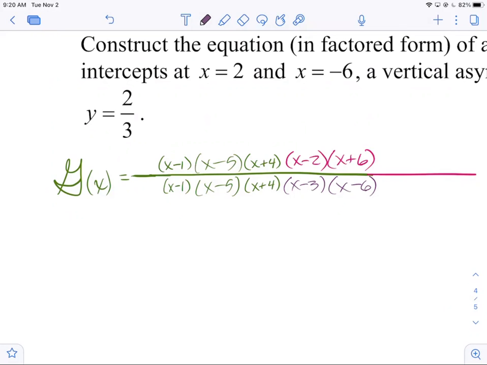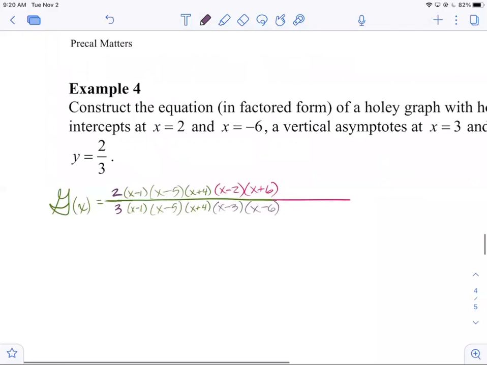So all I have to do to get the numbers to work out is put a 2 in the top and a 3 in the bottom. And it said to give it in factored form, so I don't expect you to multiply all that out. That was too easy. I'm sorry for insulting y'all.